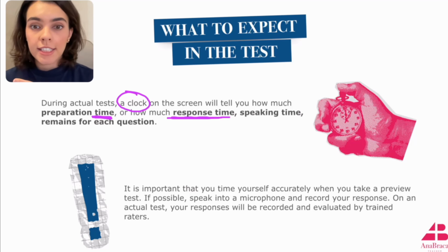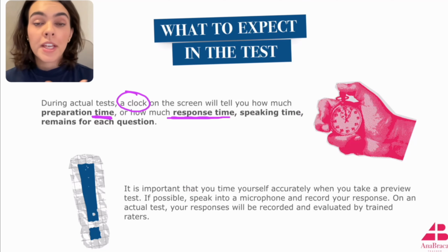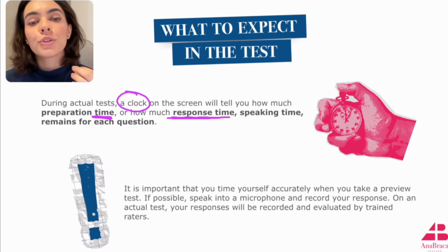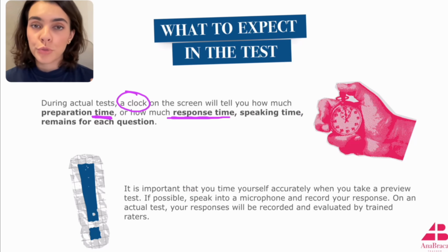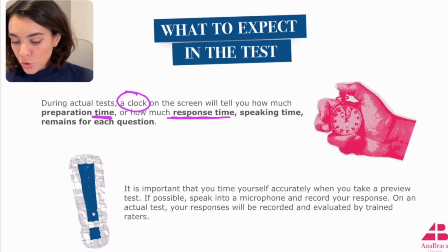So you will see it counting. And this is the period that you have to speak. But remember that if you continue speaking, they will stop recording you. So you have to pay attention to the time that remains for you to speak, and you have to organize your speech accordingly.